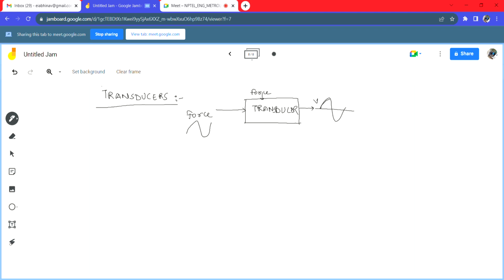So say 1 Newton will correspond to 0.3 volts, 2 newtons will correspond to 0.5 volts, 5 newtons will correspond to 1.05 volts, 10 newtons will correspond to 2.8 volts, so on and so forth. So every time we apply a force, this transducer will create a voltage signal.